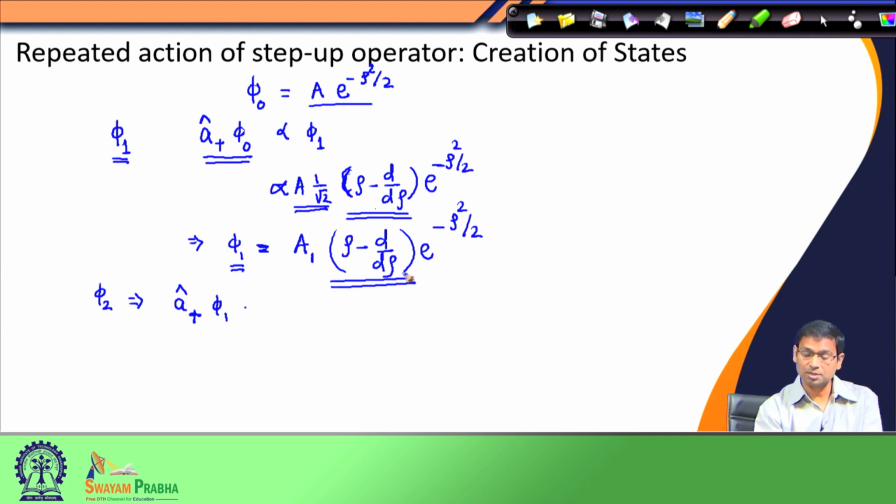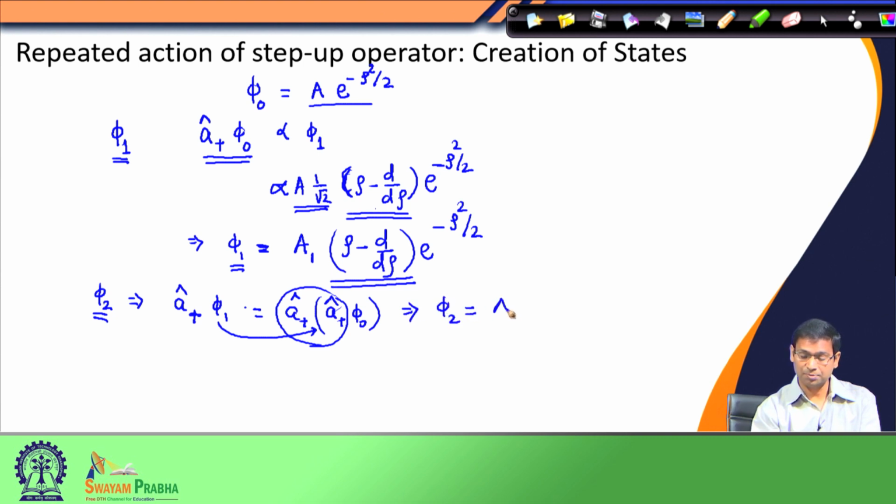Phi 1 is the action of a plus on phi 0, because phi 1 is proportional to a plus phi 0. Therefore, to obtain phi 2, I have to apply this a plus operator twice. I can write phi 2 as some normalization constant A2, because I have to individually normalize this eigenfunction, multiplied by this a plus operator applied 2 times, rho minus d by d rho.